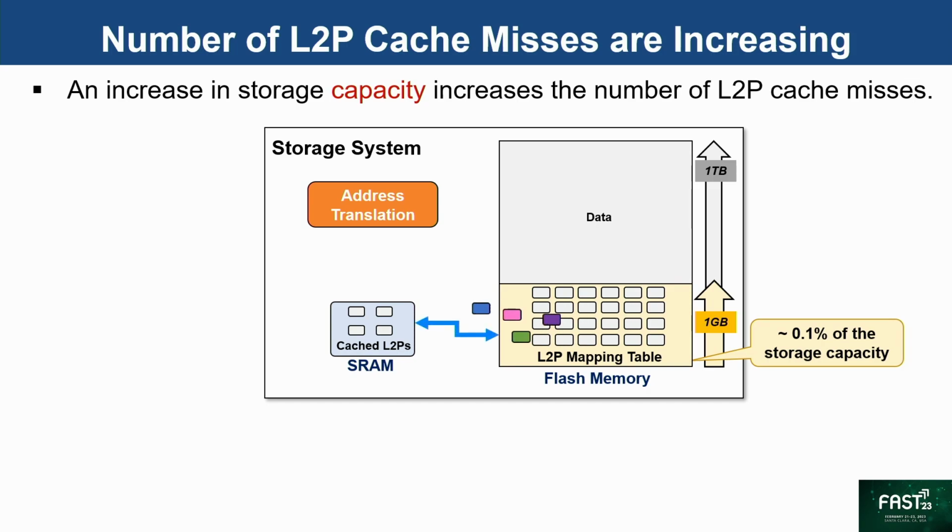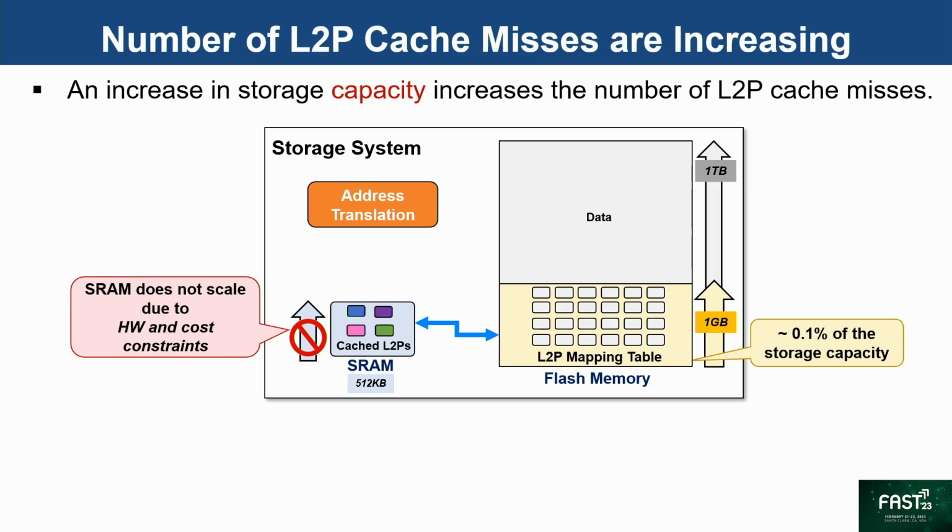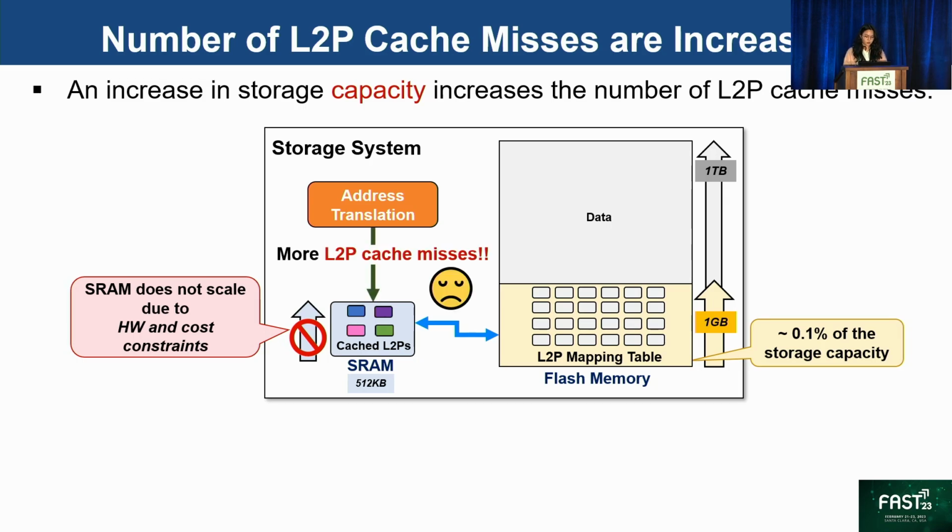However, unfortunately, the size of the SRAM is not as scaled as the storage capacity due to hardware and cost constraints of mobile systems. And in general, its size is about 512 kilobytes to 1 megabyte, even for a terabyte flash capacity. So as a consequence, there is a greater chance of L2P cache miss occurrences.